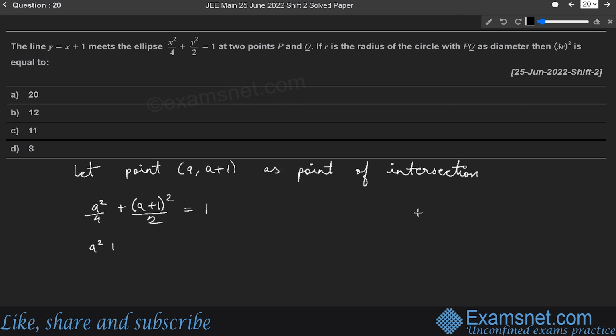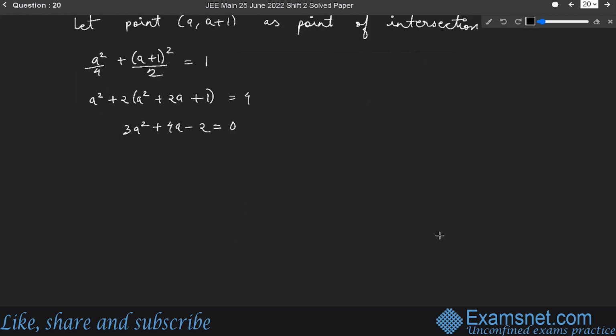It implies A square plus 2 into A square plus 2A plus 1 is equal to 4. So 3A square plus 4A minus 2 is equal to 0. We know that if roots of this equation are alpha and beta, therefore point P is alpha comma alpha plus 1 and point Q will be beta comma beta plus 1.